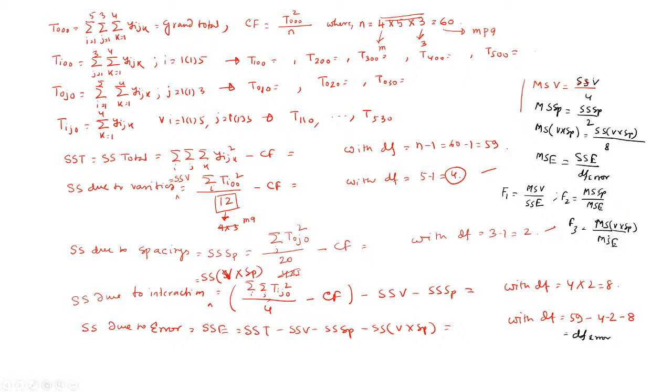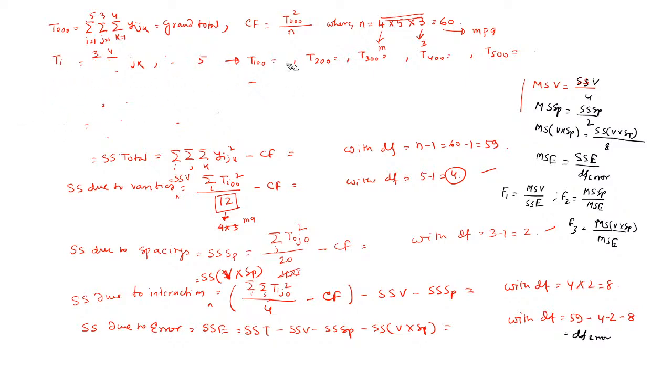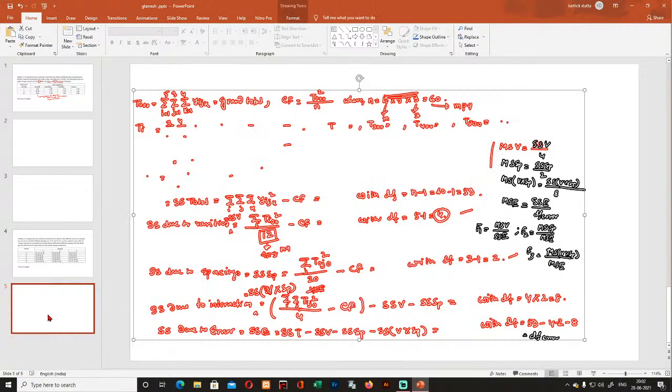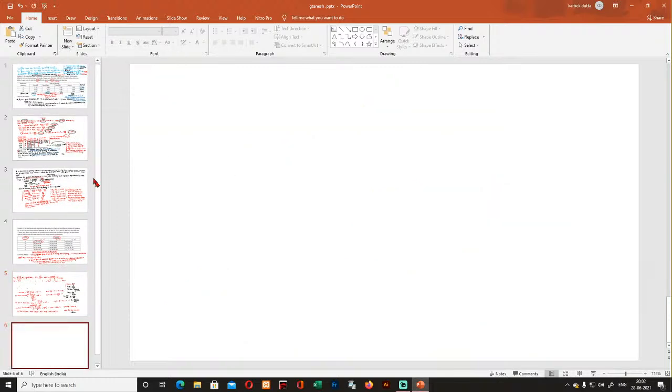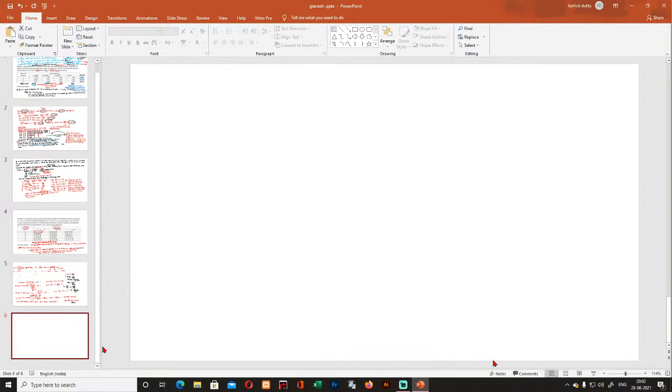Now we construct the ANOVA table for this case. We need to add one more slide here. Okay, fine.